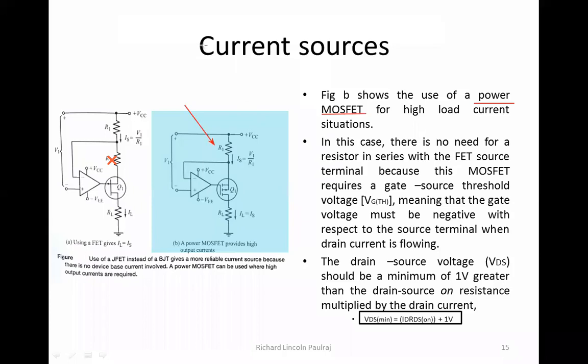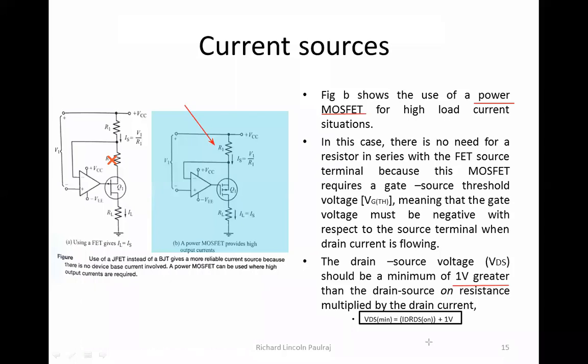So here also we are going to consider the 1 volt rule: 1 volt greater than the drain to source on resistance multiplied by drain current.